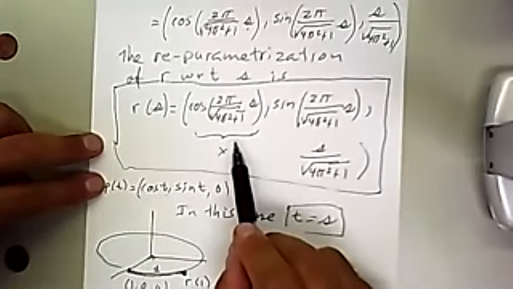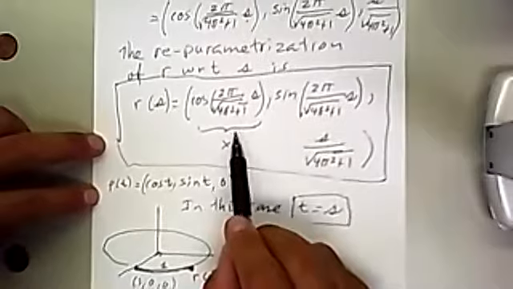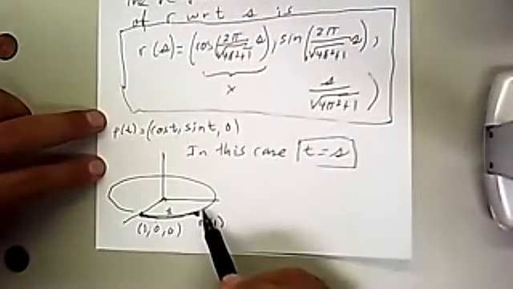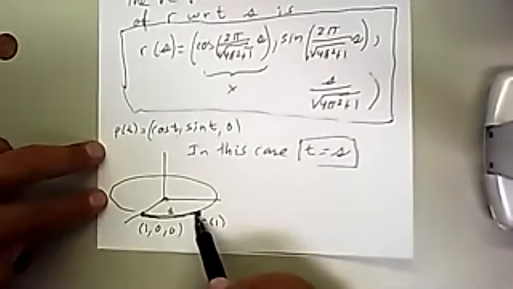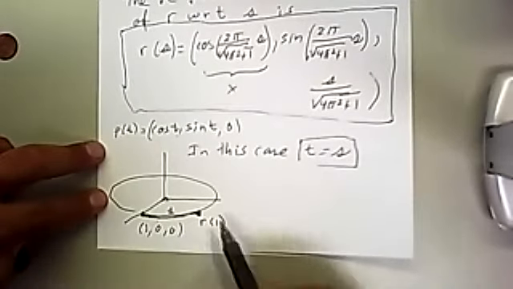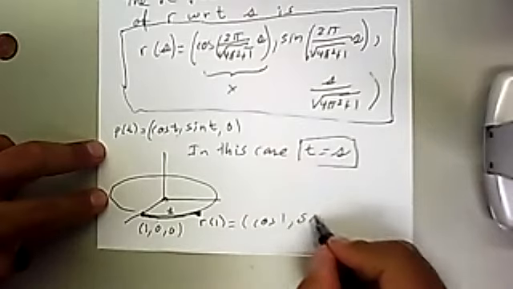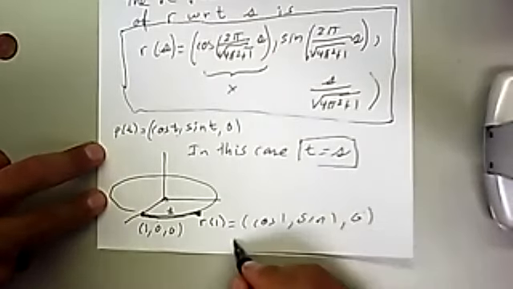For the previous example, for r, the example we were doing, that is not true. But in this case, t is equal to s. So if you want to know where you are after 1 unit, you're going to end up with cosine of 1, sine of 1 radian, and 0.